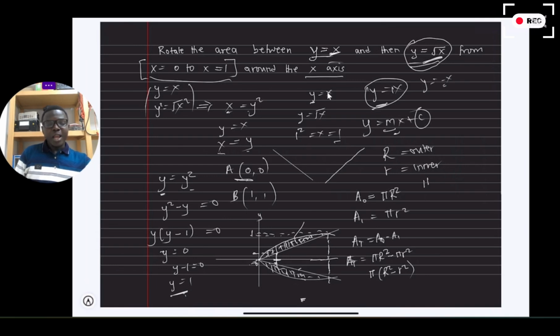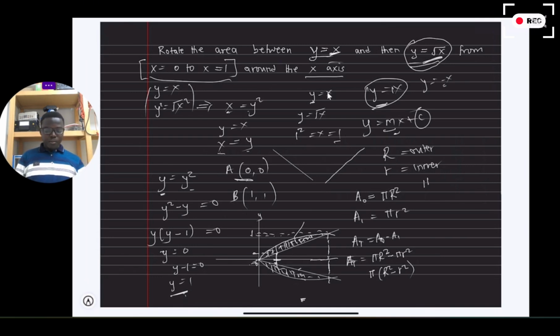So we have to equate the two functions, and you have to do it in a way that will make you comfortable. You have to rearrange the function to do whatever you want to do. In equating the two functions, you will get 0 and 1 based on this question, but in other questions you can get different values.